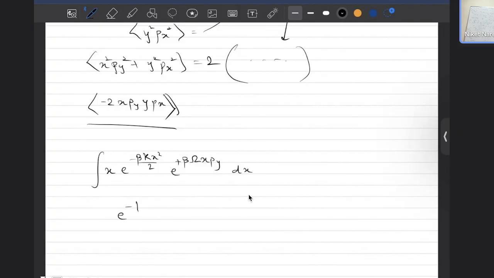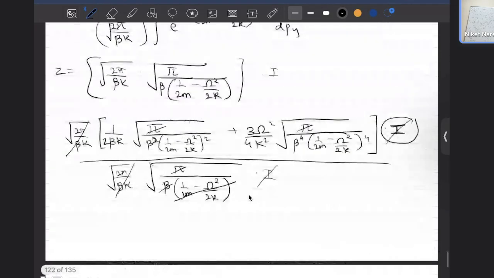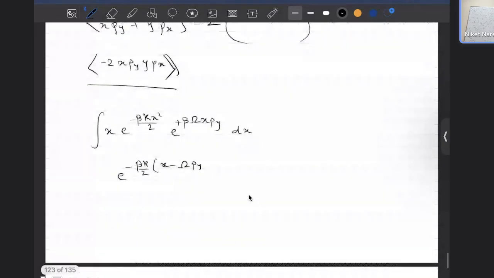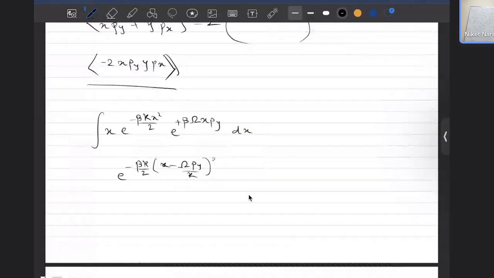We know that what we do with this is beta kappa by 2 x minus omega py by kappa, the whole square, into e raised to power beta omega square py square by 2 kappa, which is something that comes outside, and you have an x here, dx.